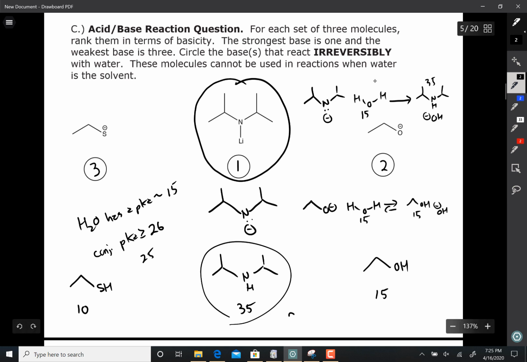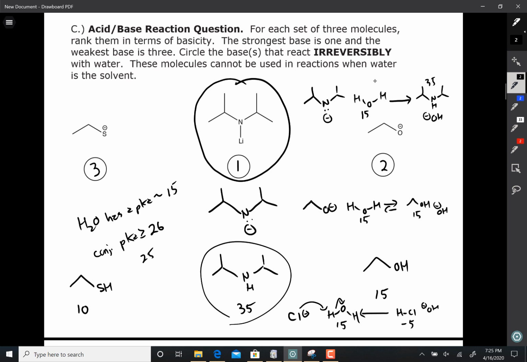Okay. We look on the other side of the scale: chloride, water. Here's an example of an irreversible reaction, because this has a pKa of 15, and this has a pKa of -5. It's definitely irreversible, but it's going the wrong way.